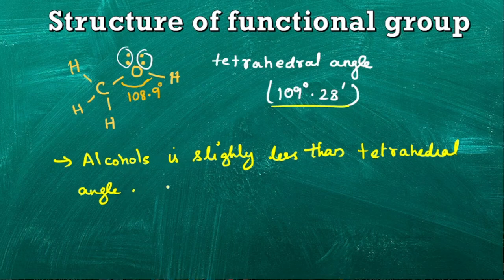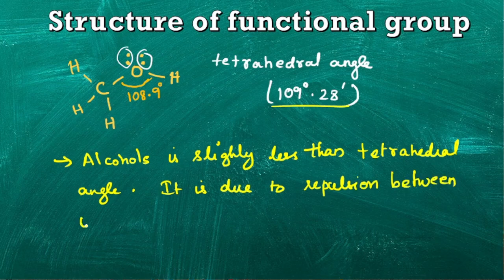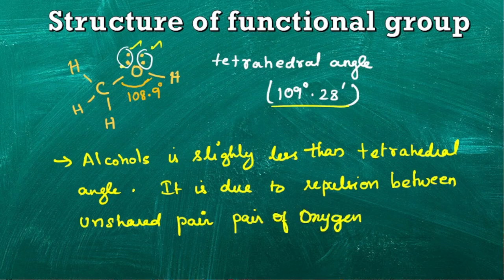It is due to repulsion between unshared pairs or lone pairs, all these are the same, of electrons on oxygen. On the oxygen there are two lone pairs of electrons present.